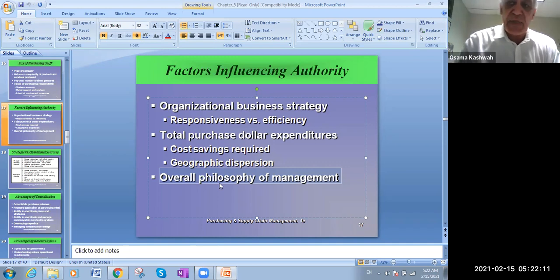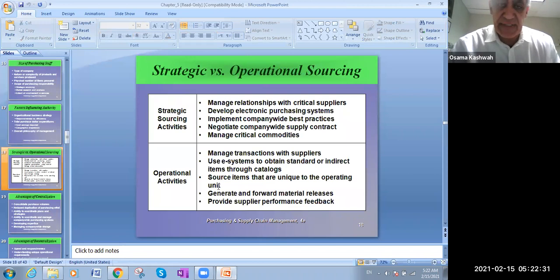Some companies will tend to be more decentralized, and some will tend to be more centralized. When it is centralized, that means high authority. When it is decentralized, that means lower levels of authority, because I'm distributing and delegating my power to the other levels. Okay.